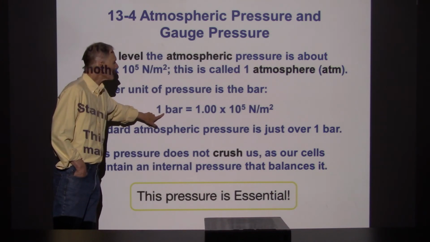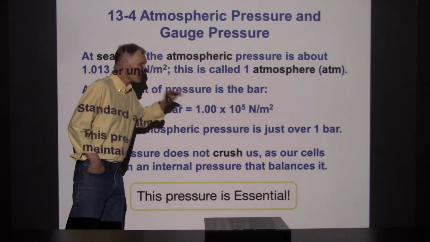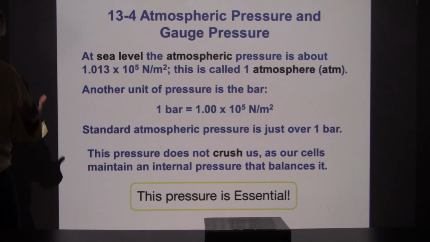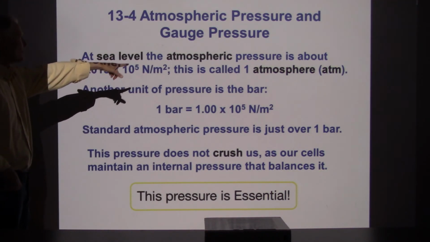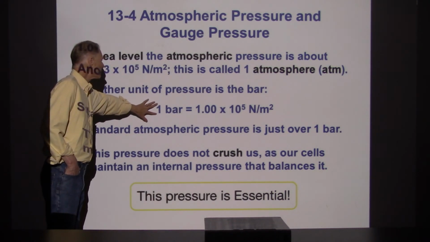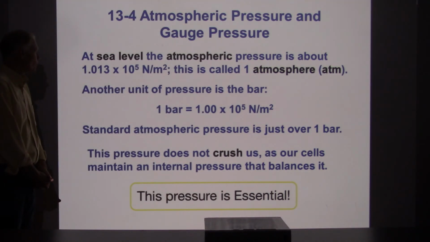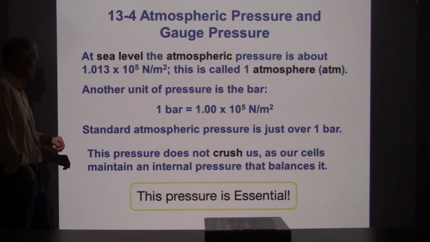Now, the bar is almost equal to 1 atmosphere, but the bar, we say, is exactly 100,000 pascals. Now, I always feel like we don't need both units, the atmosphere and the bar. Maybe we should just do atmospheres instead of bars. Anyway, this is a direct factor of 10 multiple of pascals. Now, standard atmospheric pressure is just over 1 bar.